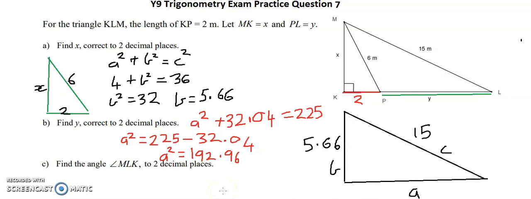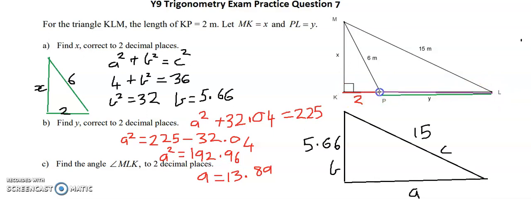To get a by itself, I need to square root it. So that means a is equal to 13.89. Now one thing we know, a is from L all the way to K.